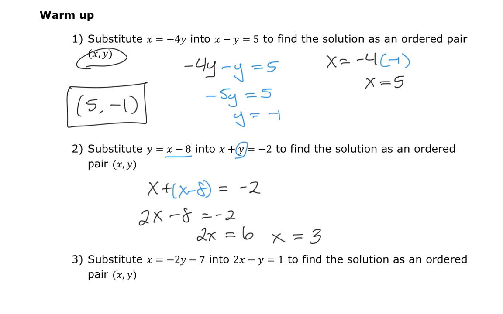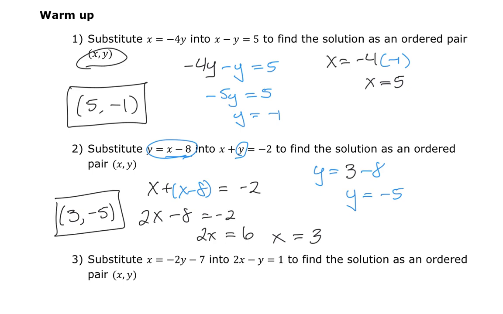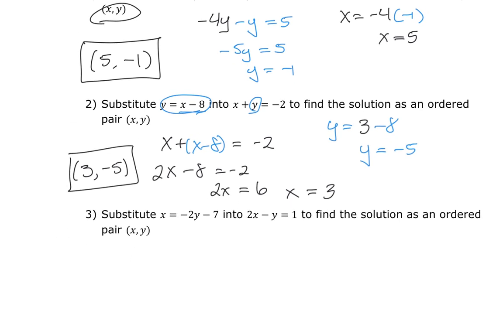Now I need to substitute that back into this equation to solve for y. So y is equal to that positive 3 I just found, minus 8, because that's the replacement for x. So y is equal to negative 5. So my answer as ordered pairs would be the x part first, which is 3, and then the y part, which is negative 5, and that would be my location in which those two lines actually intersect on the xy plane.